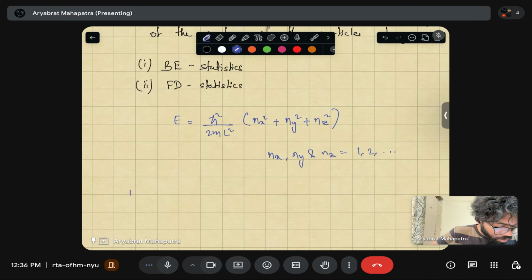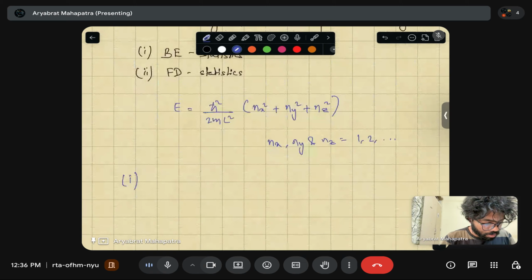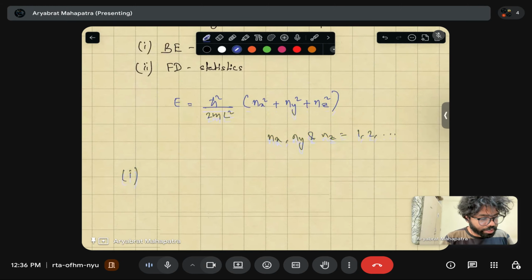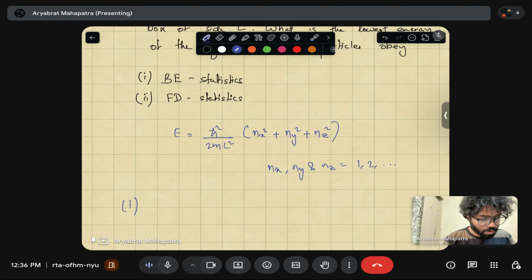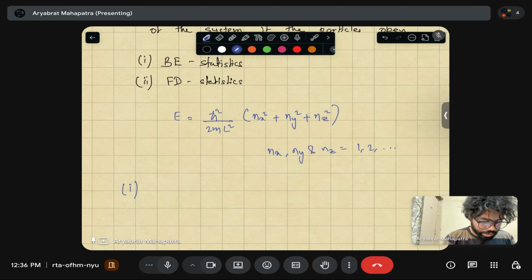So if you distribute these 10 identical particles by the formulation of Bose-Einstein statistics, what happens?